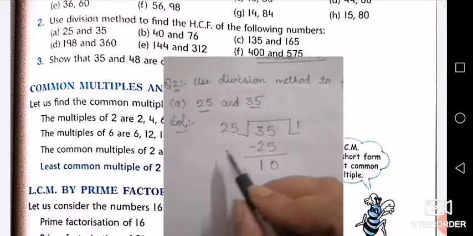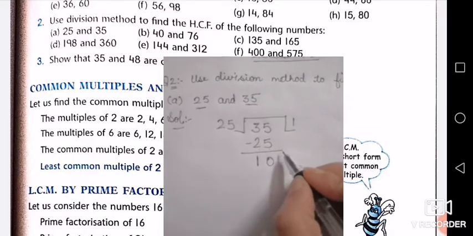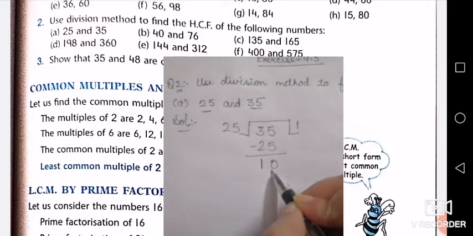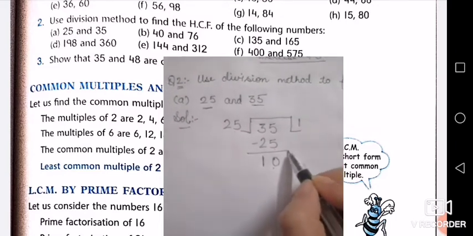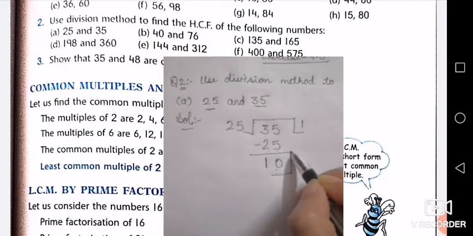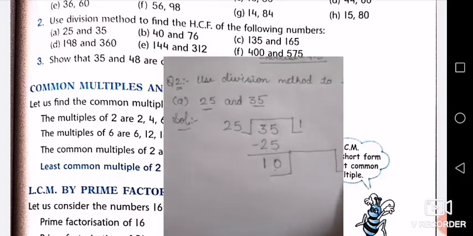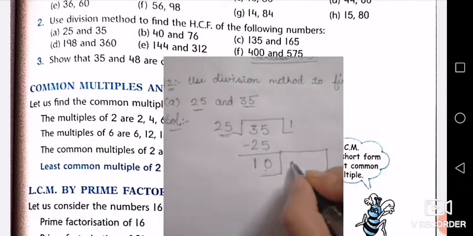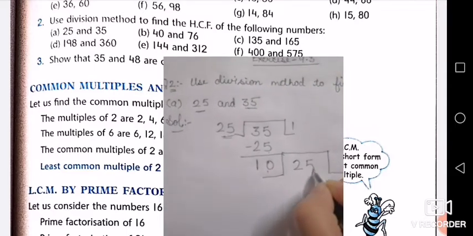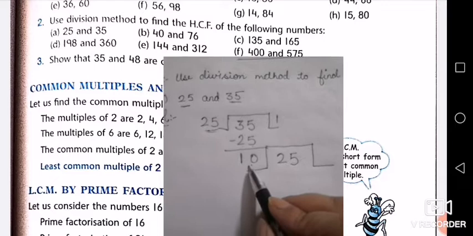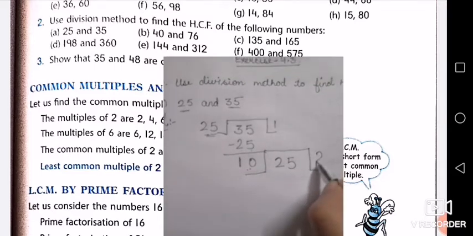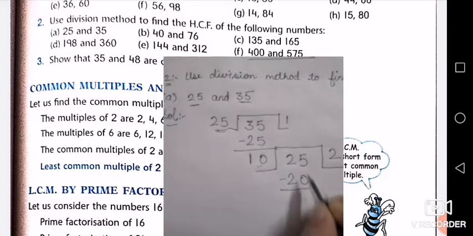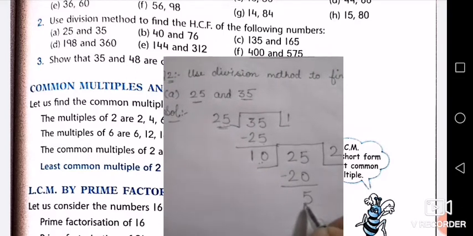Now remember the steps which we have done in the presentation just now. The remainder of the first step will become the divisor in the second step and the divisor of the first step will become your dividend in the second step. Okay. Now 10, 2 times will be 20. Now what is left? 5.